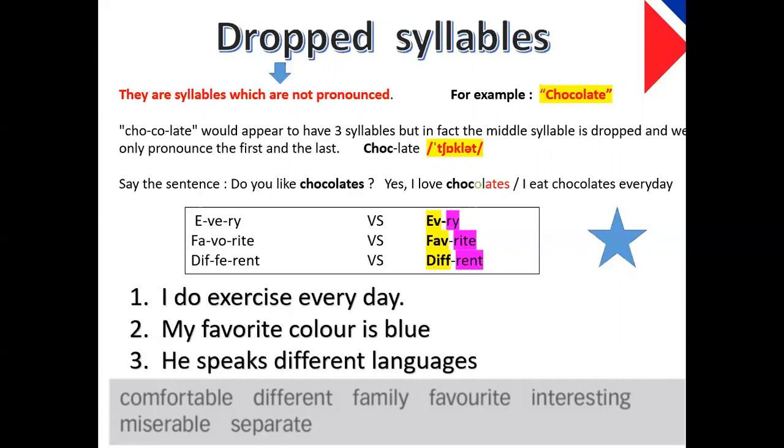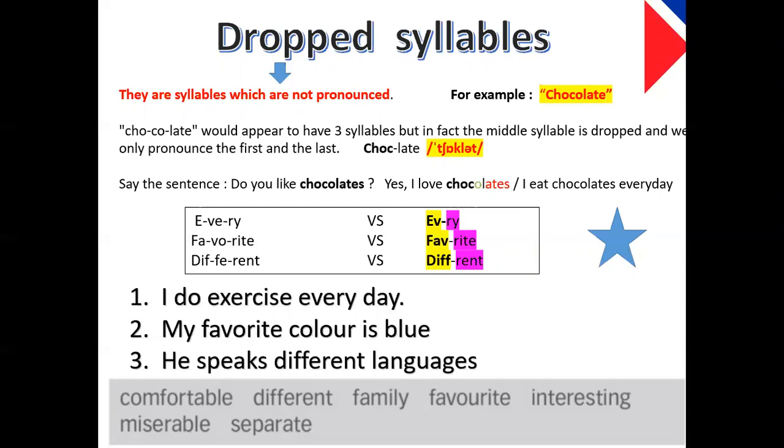As you can see in the English language, it's very common to find words in which you don't pronounce certain syllables. Here in the box, we can find other examples that are very common, and you need to know them so you can sound more native-like and more fluent.